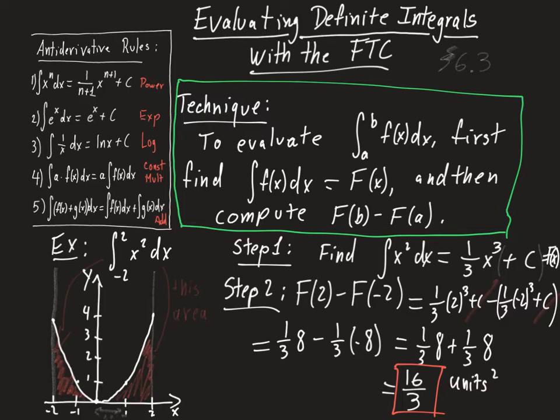Okay. So hopefully you guys can see how this is a pretty easy method for calculating these definite integrals. Because as long as we're able to find the indefinite integrals using all the rules that I've put up here for antiderivatives, then all you do is you plug in the first value, you subtract what you get when you plug in the second value, and you get the area, you get exactly what your definite integral is equal to.